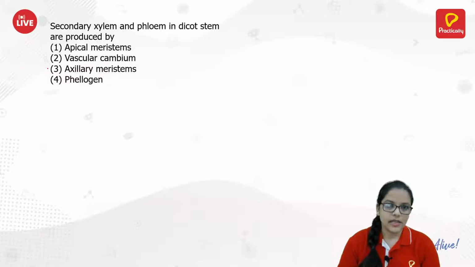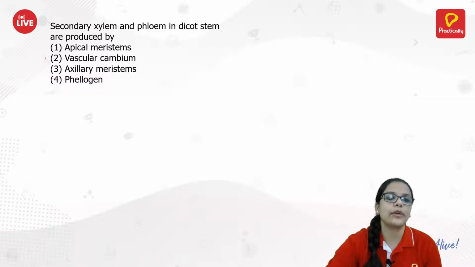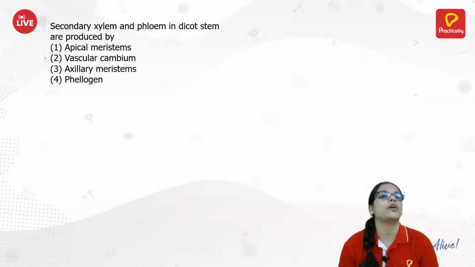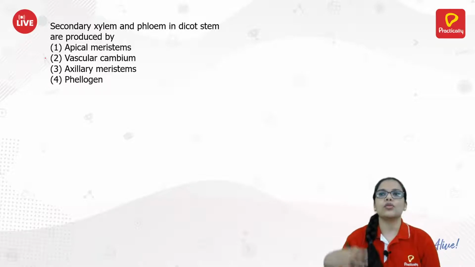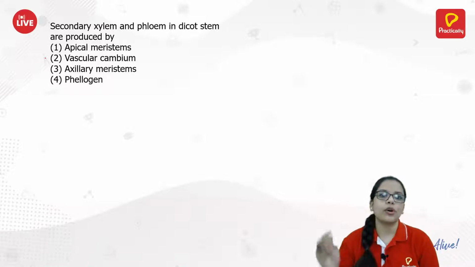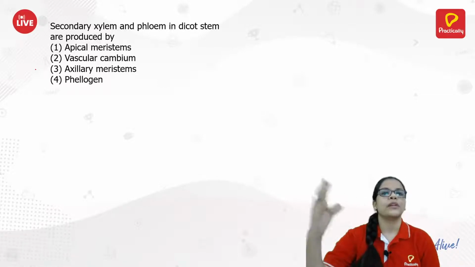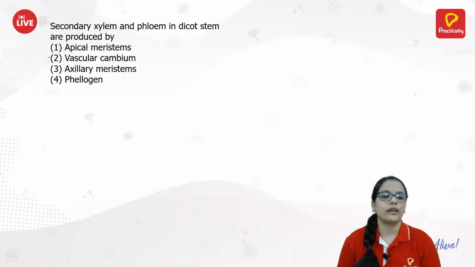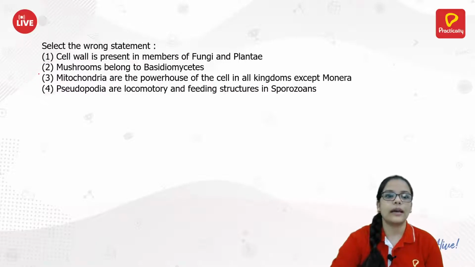Secondary xylem and phloem in the dicot stem are produced by the vascular cambium. These are the most evolved kind of plants. They have proper systems, with vascular cambium, to transport water and other minerals. So that is vascular cambium.